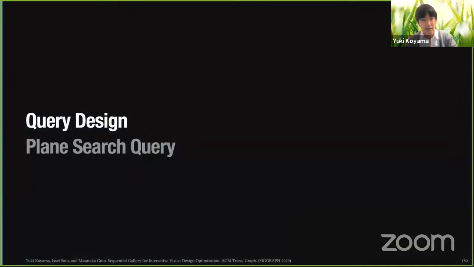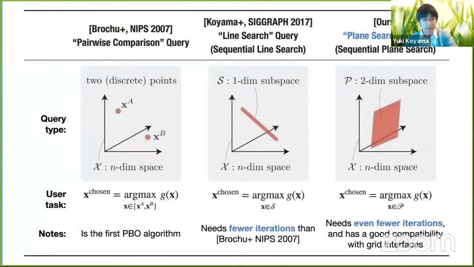The key point is in the query design. In the previous project shown in the center of this slide, a slider interface was used to let evaluators explore a one-dimensional subspace. This was the key to reducing the number of necessary iterations compared to using the pairwise comparison query.